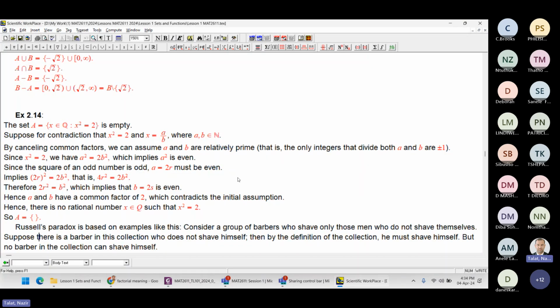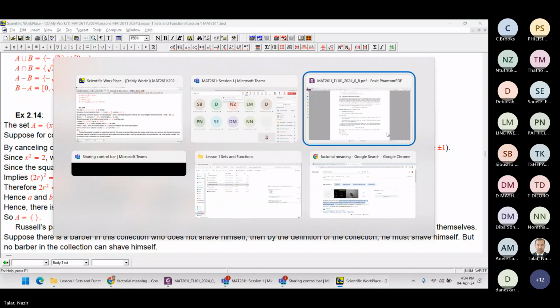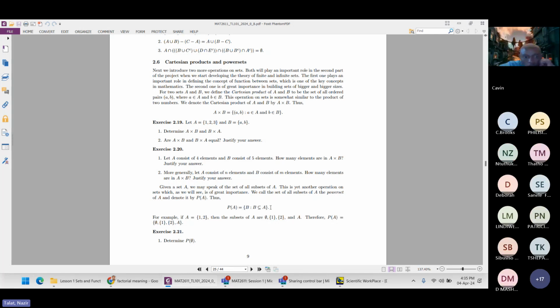And then the next thing is about the power set of X. The power set is the collection of all possible subsets of X. P(A) means all the B's which are possible subsets of A. And remember that the empty set is always a subset of each set.